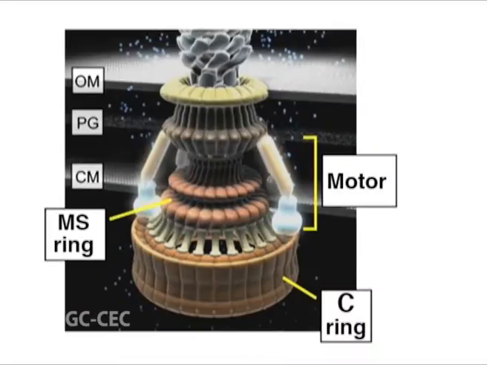Later on, it was found that both M and S rings, now called the MS ring, function as a single unit. A fourth ring, the C ring for cytoplasmic, is present inside the cell. Both MS and C rings act as rotor for movement of the cell.